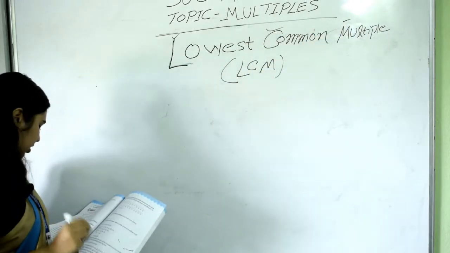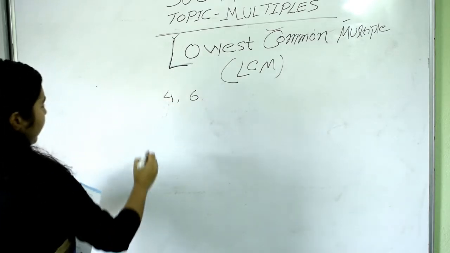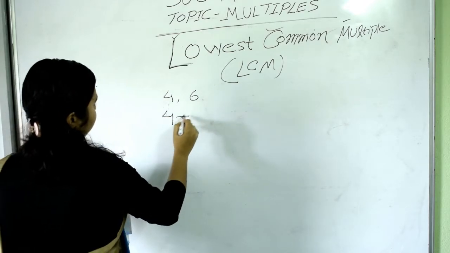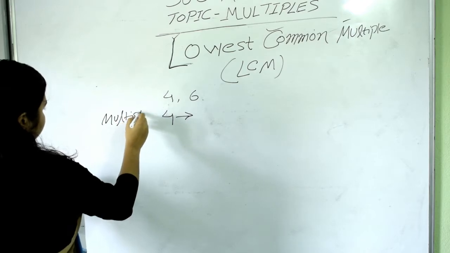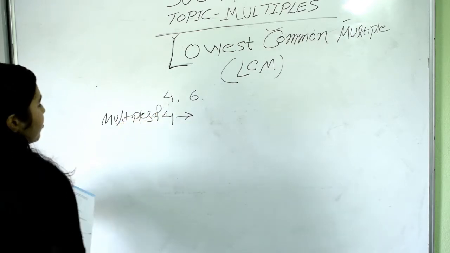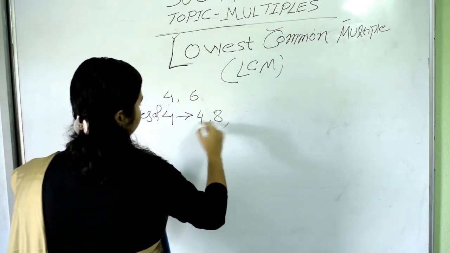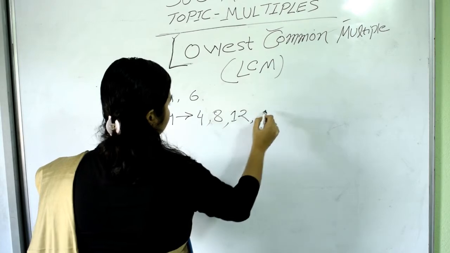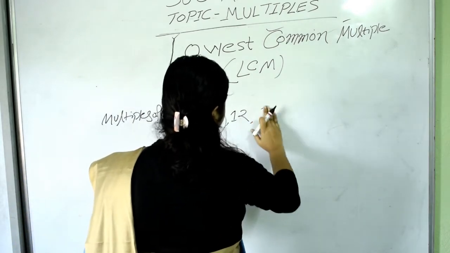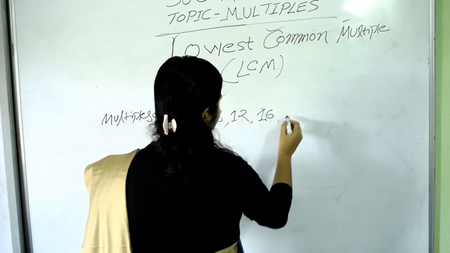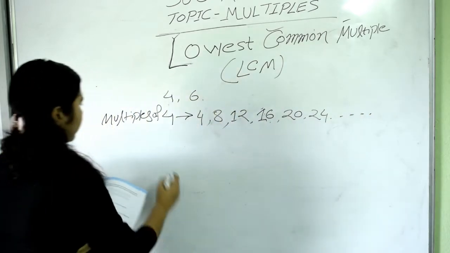Now LCM. Consider any two numbers, suppose 4 and 6. Now write the multiples of 4, which are 4, 8, 12, 16, 20, 24, and so on.